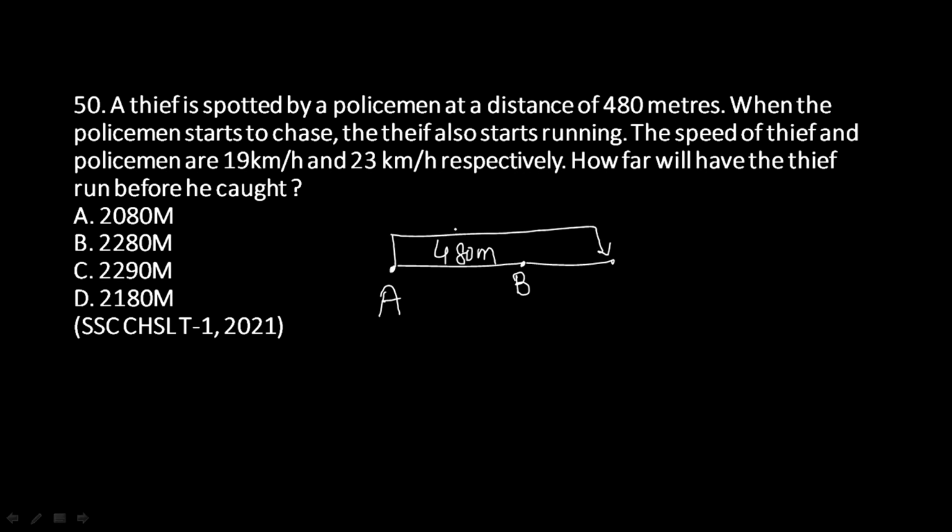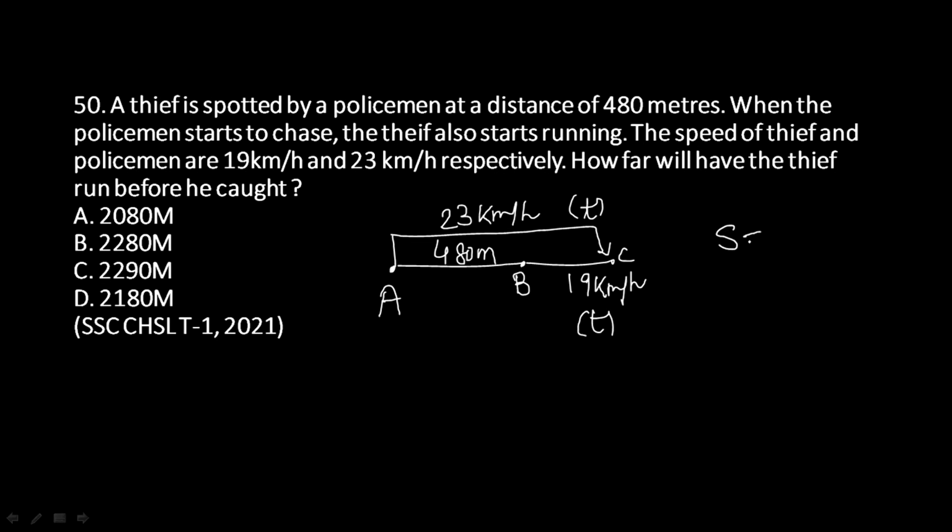So the police has gone at a speed of 23 km per hour and the thief at a speed of 19 km per hour. So here the time is constant, because from A to C the police is going in t time, and from B to C the thief is going in t time.